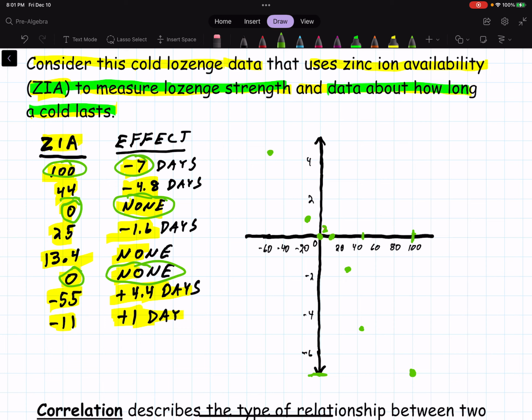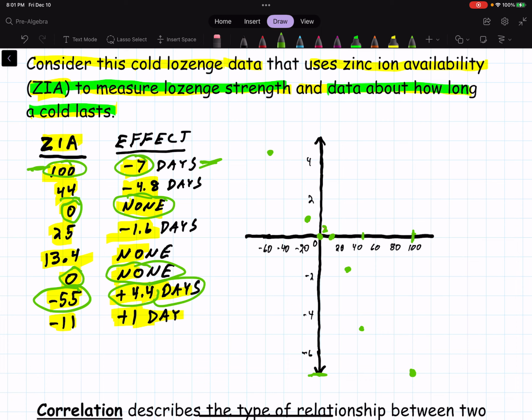And what can I see about this data? Well, it appears that if I have a high ZIA count, if this is high, this 100 here, then I lower my days of having a cold. And as the ZIA count gets to be negative or smaller and smaller, I am increasing the days of my cold.